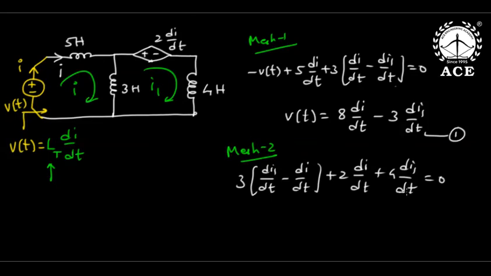Now this becomes minus 1 plus 2, so di by dt is equal to 7 di1 by dt. This is equation 2. Now substitute 2 in 1 and write Ohm's law.